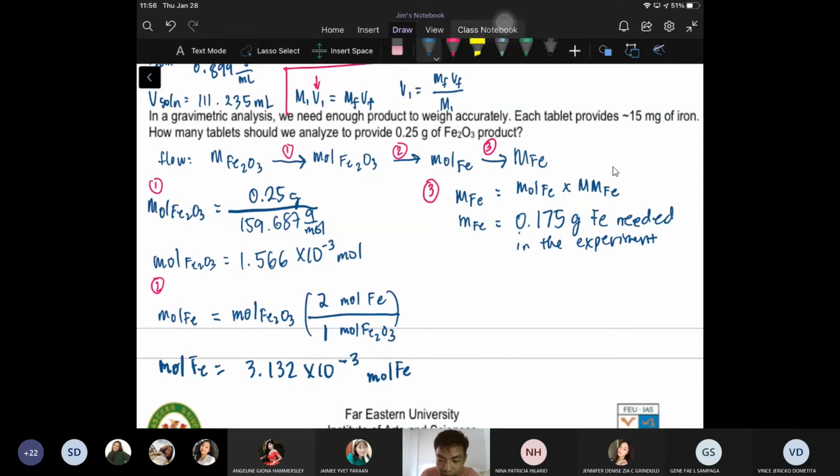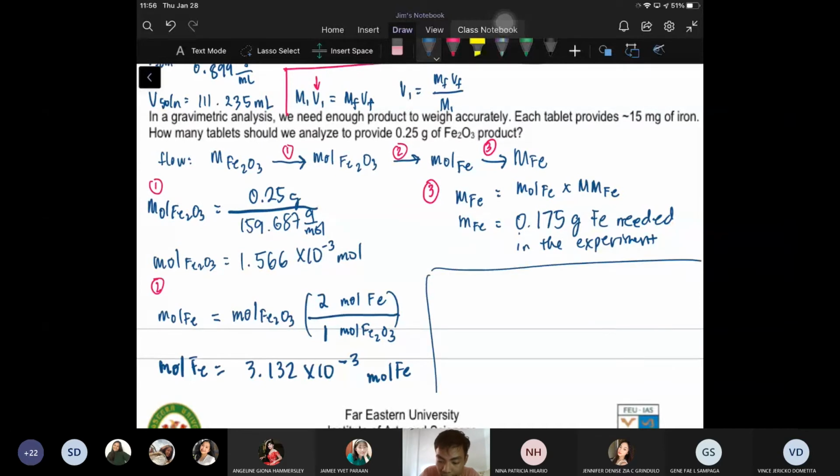So, since alam natin na in order to carry out this experiment, this amount of iron is needed, no? And each tablet will give us 15 milligrams of iron. So we solve for the number of tablets needed, no?